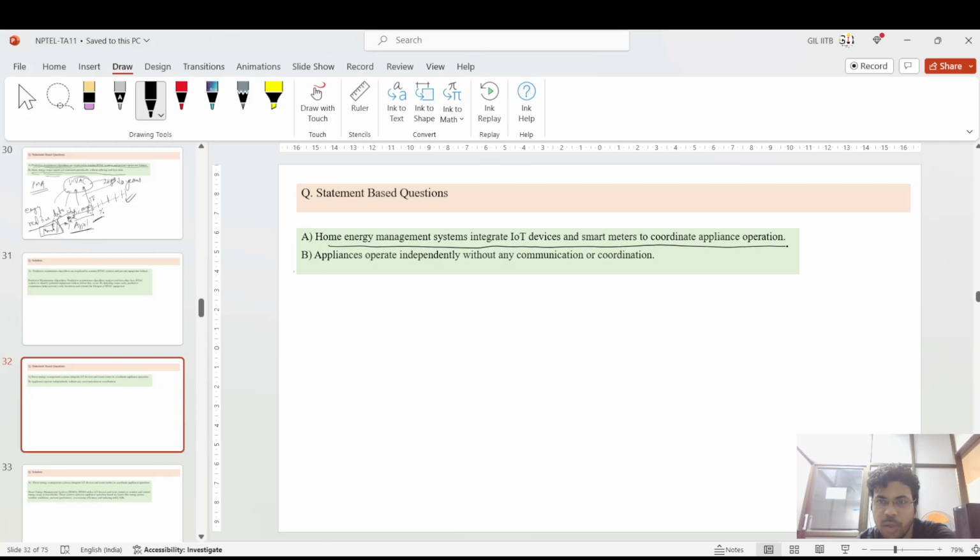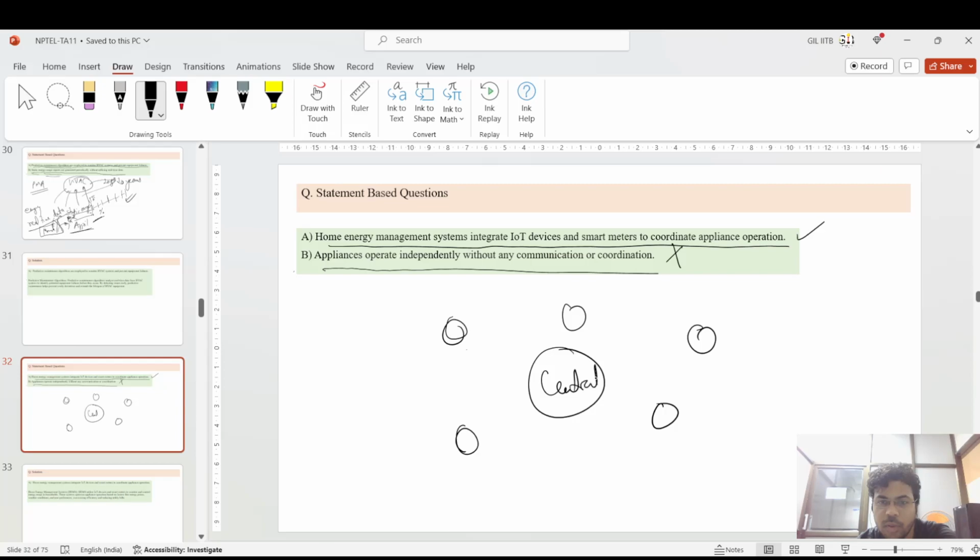The home energy management system integrates IoT devices and smart meters to coordinate appliance operation. That is true. The second statement is that appliances operate independently without any communication or coordination. That is false, because if you have a multiple-device connected system, then they should communicate with the central controller. Suppose there is an oven, a refrigerator, ACs, tube lights, and a fan.